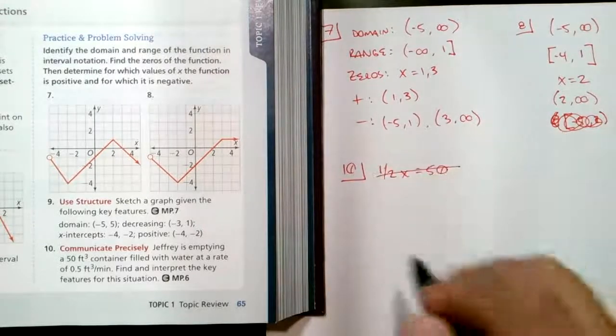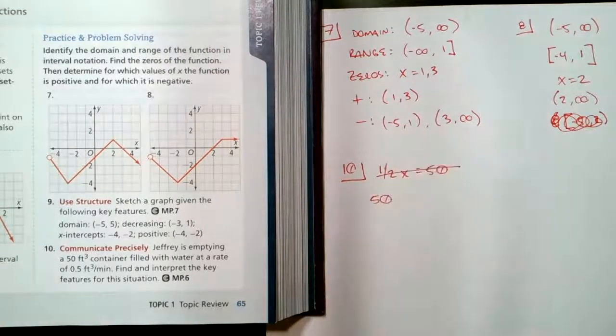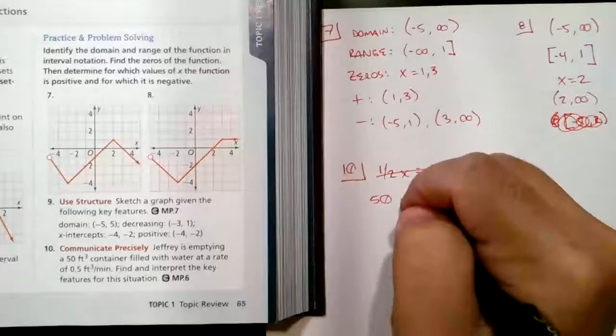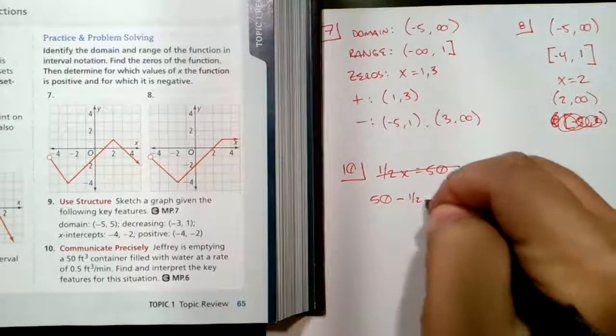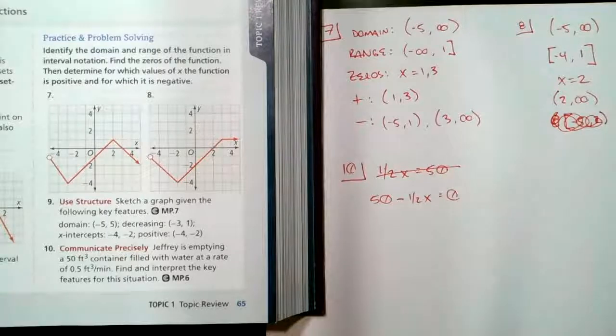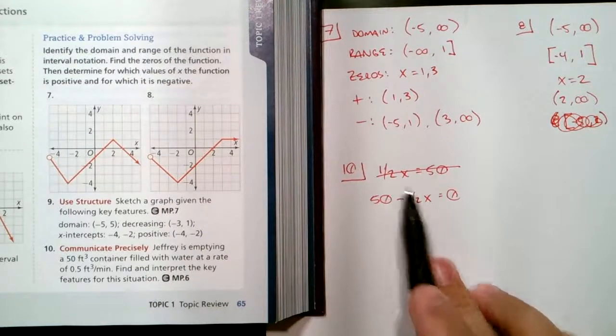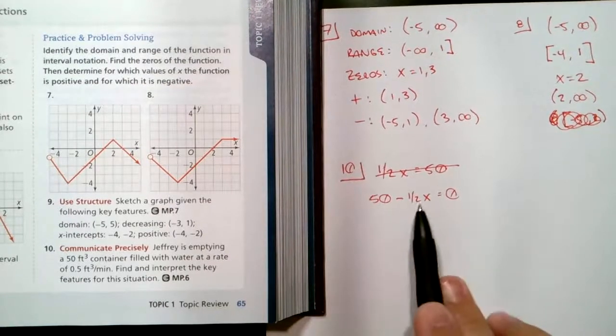Ooh, no, I'm going to change that. So if it's already filled, I'm going to switch this around a little bit. So ignore that. It's already filled with 50 cubic feet. I'm going to lose 1/2 per minute. There we go. That's what I want to have.